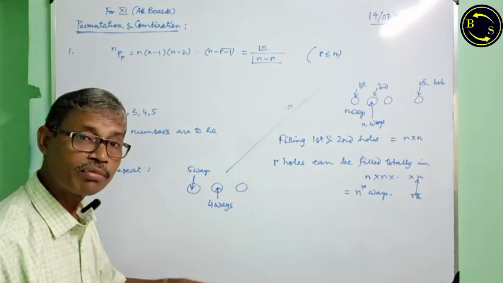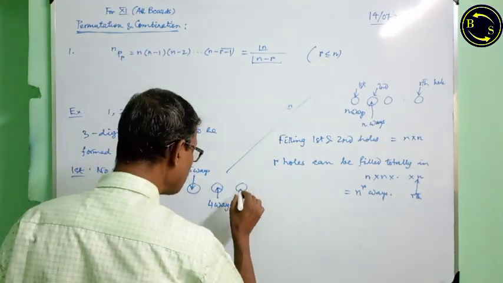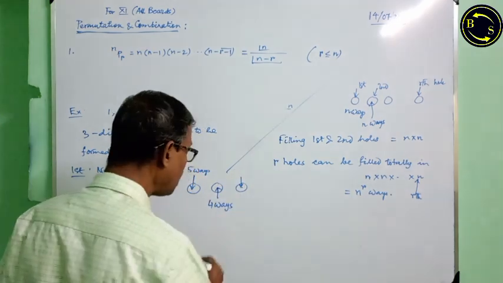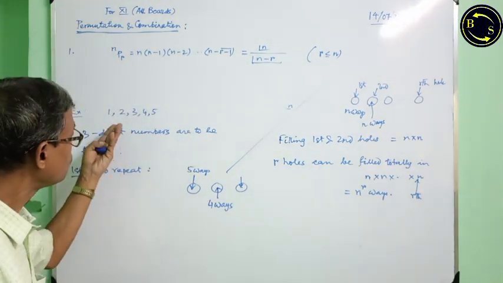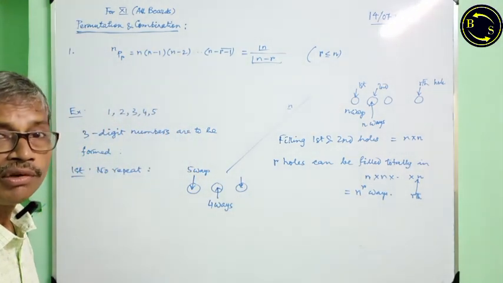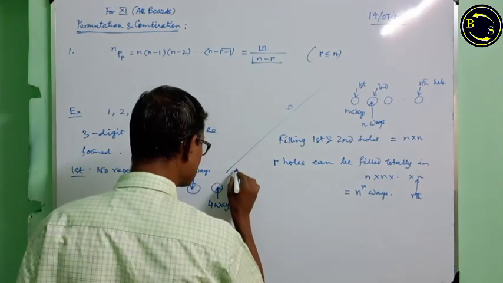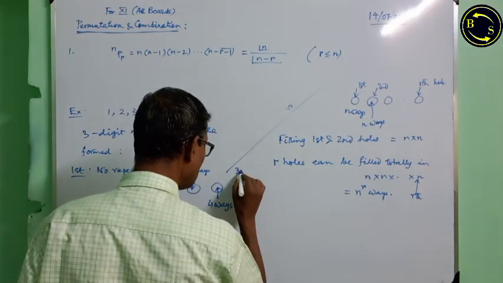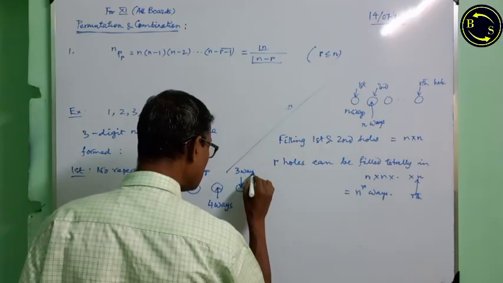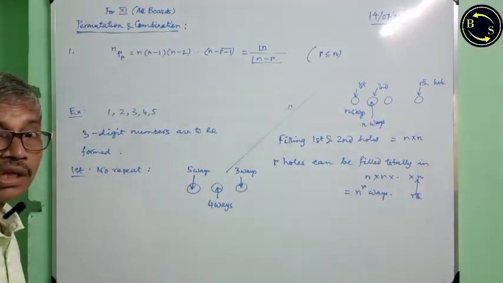After that, third place is there. This third place can be filled in how many ways? Already we have used 2 digits. Repetition is not allowed. Therefore, that third place can be filled in 3 ways.